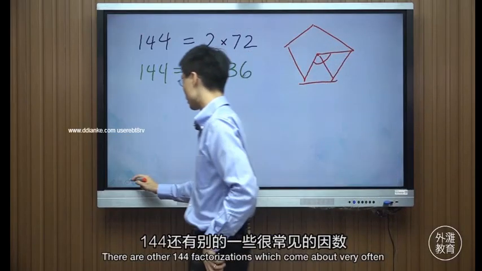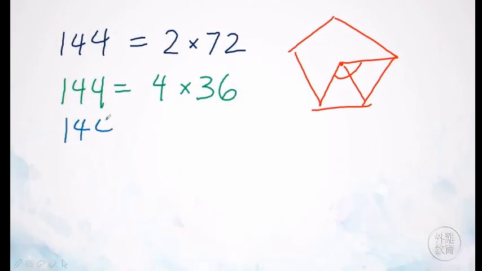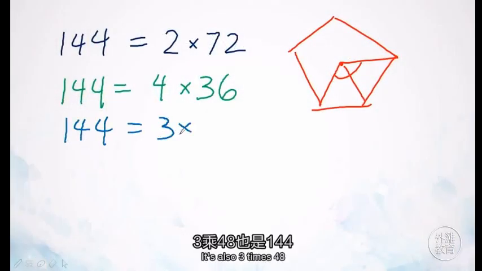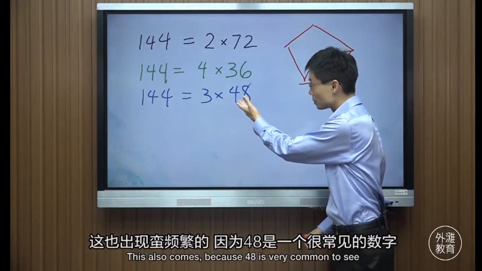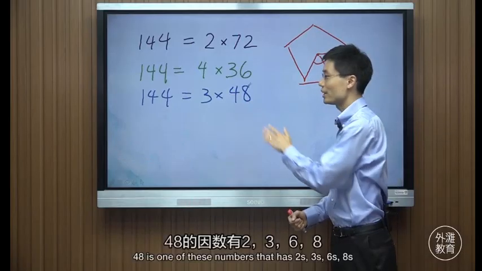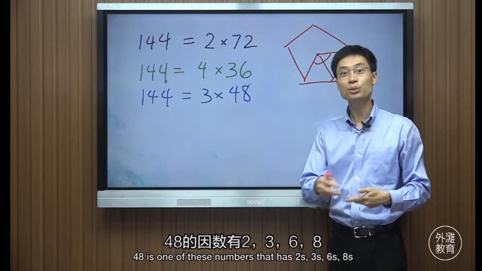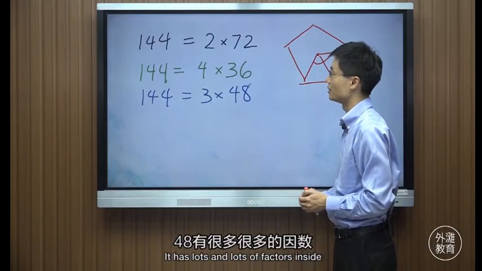There are other 144 factorizations, which come about very often when you're doing these problems. It's also 3 times 48. This also comes because 48 is very common to see. 48 is one of these numbers that has 2s, 3s, 6s, 8s. It has lots and lots of factors inside.